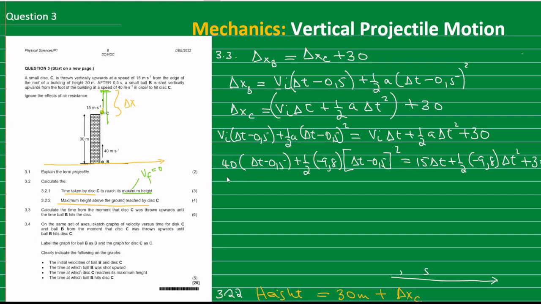So 40 there, that will give us 40 delta t, minus 0.5 into 40, that is 20. Okay, this is negative 4.9, half of negative 9.8, into delta t minus 0.5 squared.